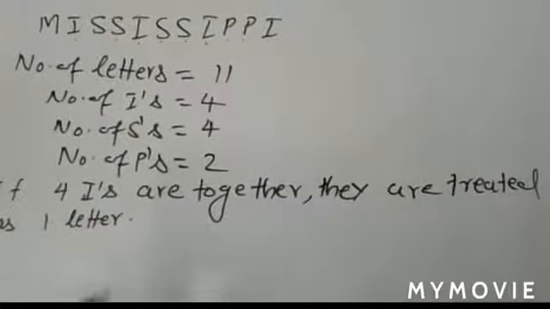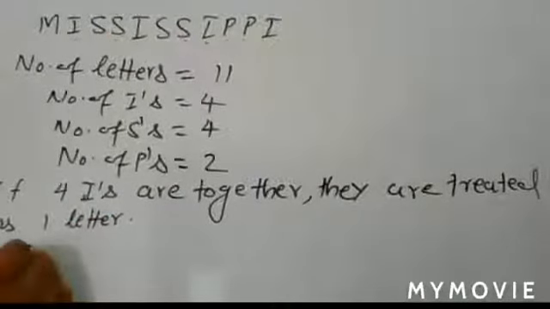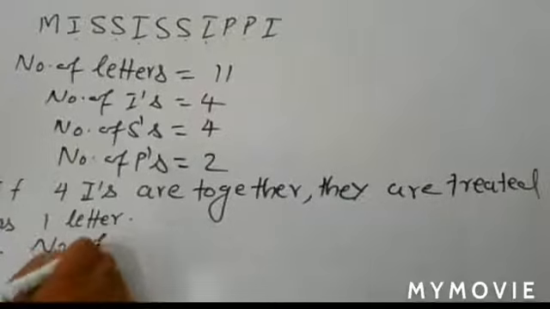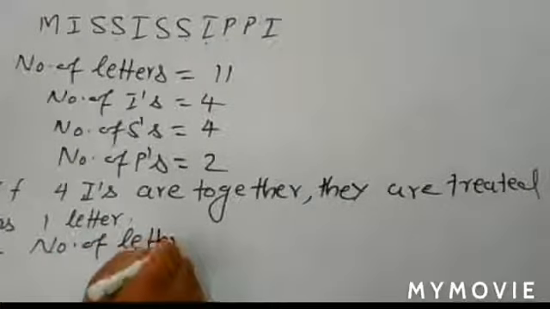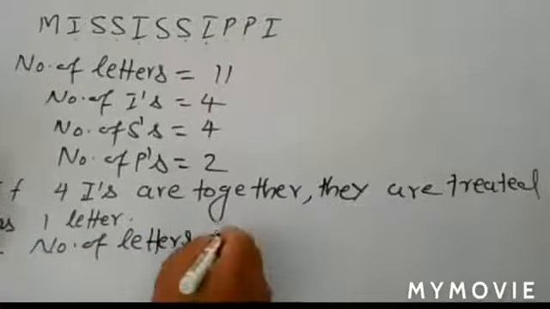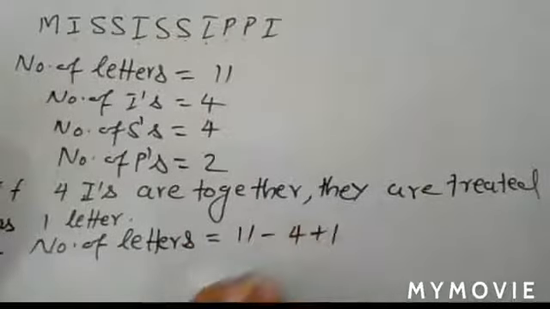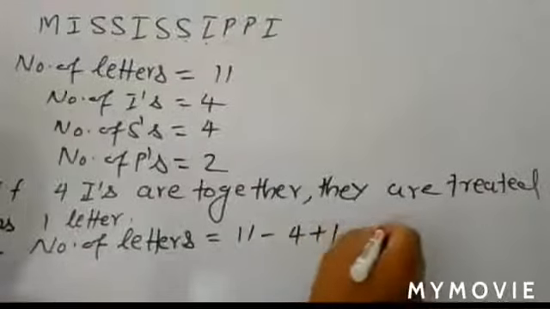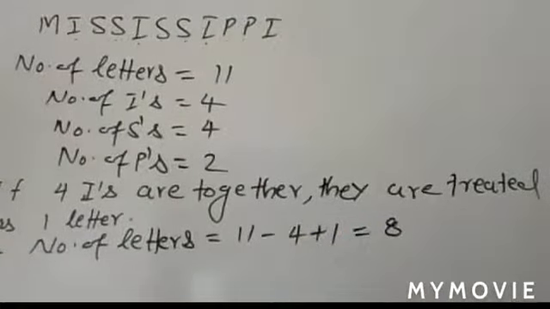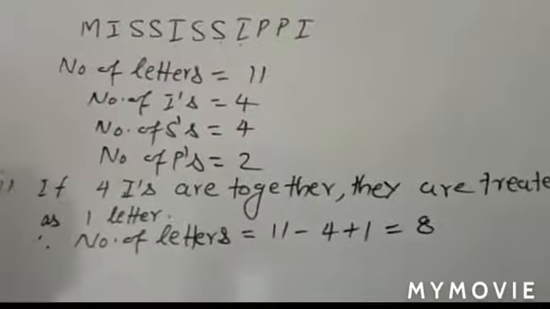So in that case, how many letters are there? How do you find the number of letters? Here you take the total number of letters, subtract 4 and add 1. So that is 8. Means 8 letters are there. Four I's are there, so you subtract that and add 1. So here you have a total of 8 letters.